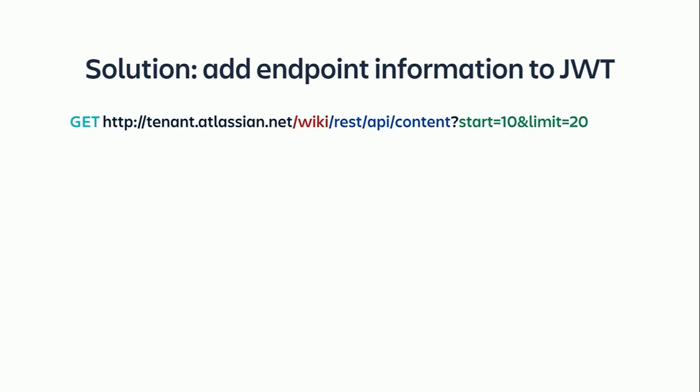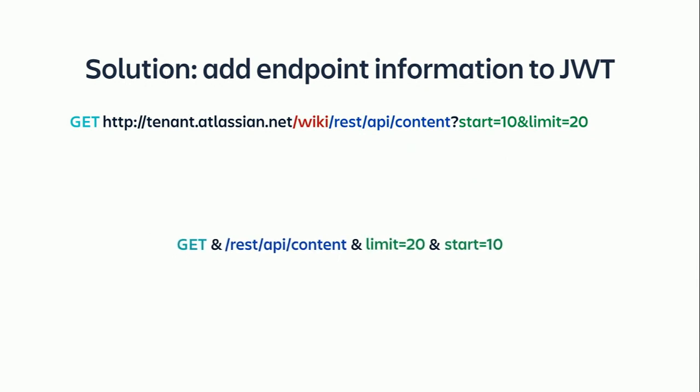We split up the request into its constituent parts. We first take the HTTP verb, in this case, the GET. We add an ampersand. Then we take the canonical URL, in this case, REST API content. And then we take each of the query parameters or POST payloads in alphabetical order and add each of those as well. So this gives us a consistent way to represent a request.